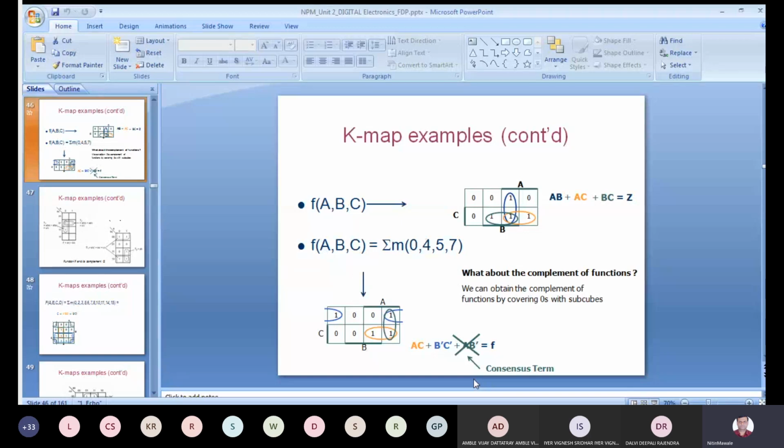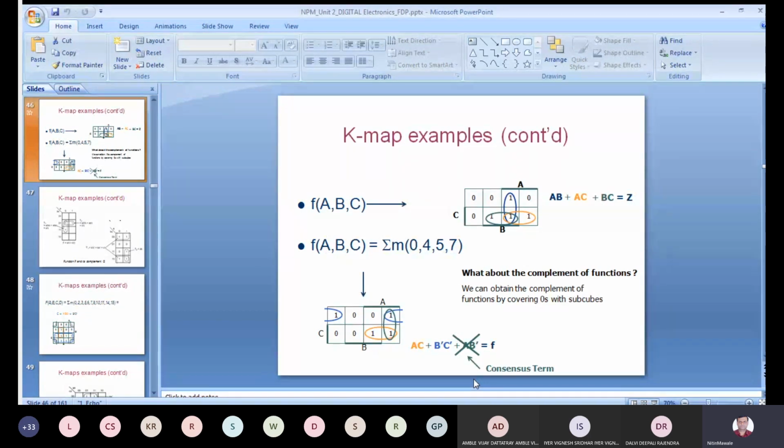Then your problem is Y equal to function of A, B, C. Second problem, summation of m 0, 4, 5 and 7. So note down 0, cell number 0, then 4, 5 and then 7. So take the lower part first as a pair. The answer for that pair is what?